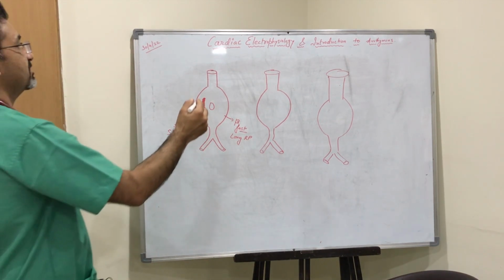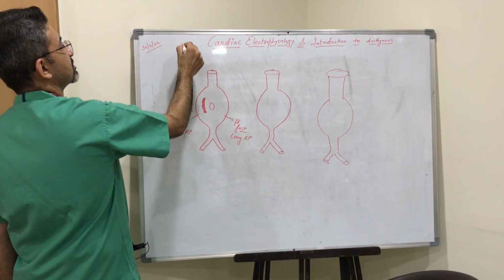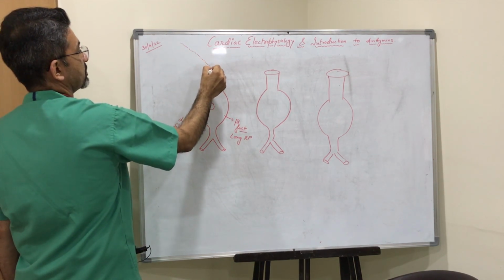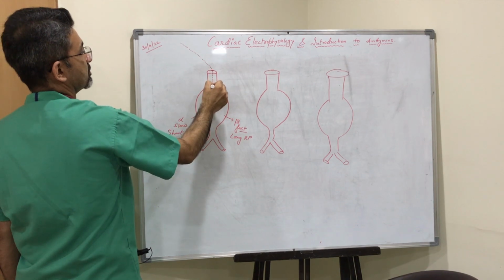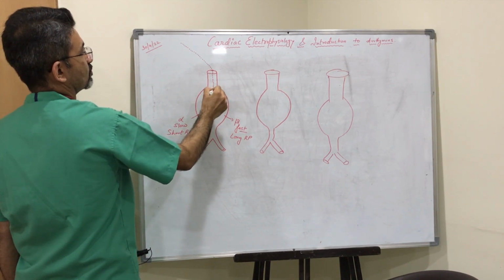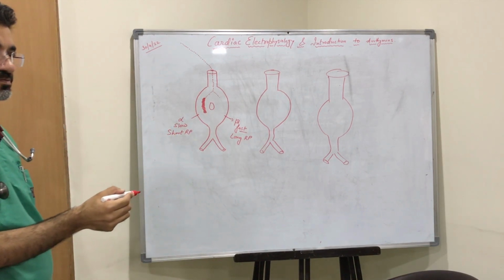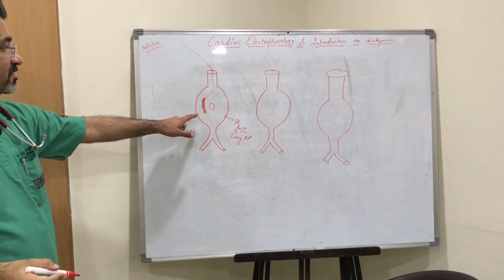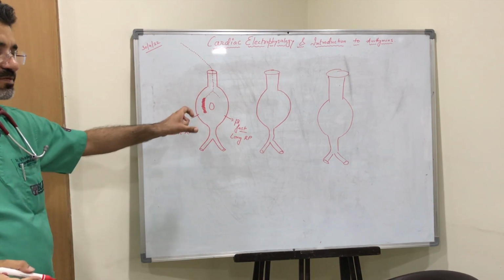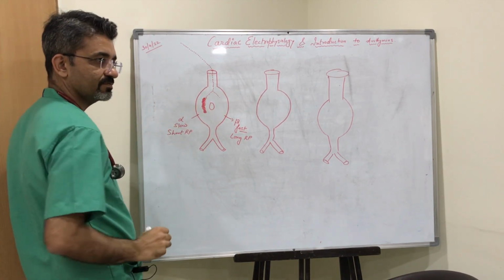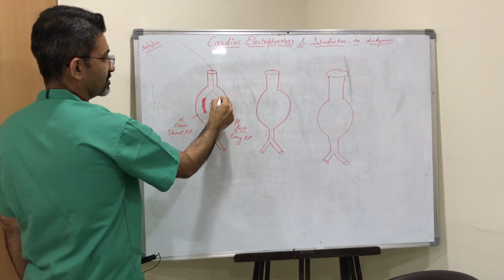Now just imagine that the impulse starts traveling from the SA node. It comes here, goes to both paths. Here it encounters resistance because of some problem, so the passage will be delayed. It's a fast path.